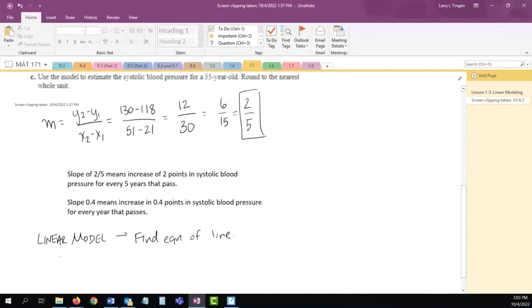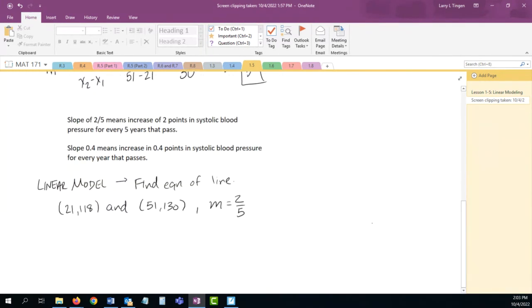Well, they told us that the line passes through the points (21, 118) and (51, 130). And then we found that the slope is 2/5. All right, so I'm going to find the linear equation that passes through these 2 points with a slope of 2/5.